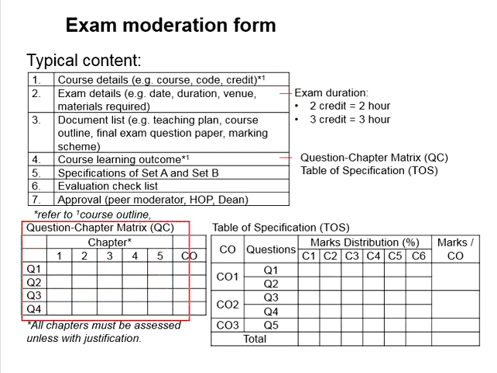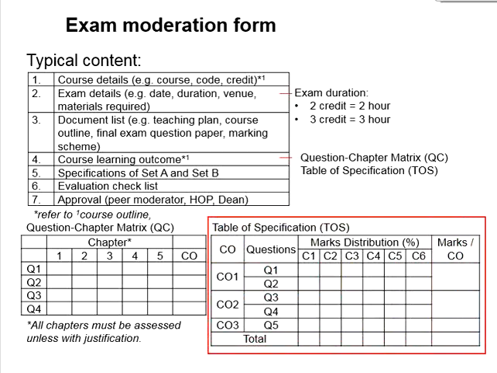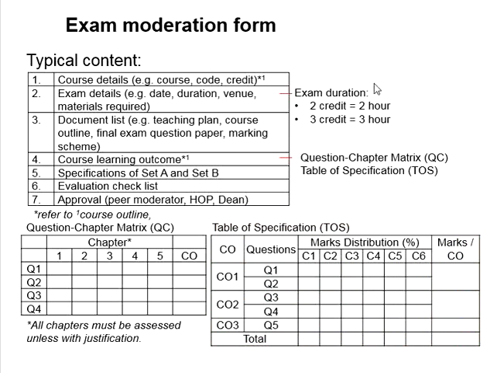This helps us to cover the scope of the assessment. The second table here is known as the table of specification. This table indicates the levels of difficulty as assessed by different questions. Let's say now you have 4 questions in total here. By right, your number of questions shall also be a maximum of 4.